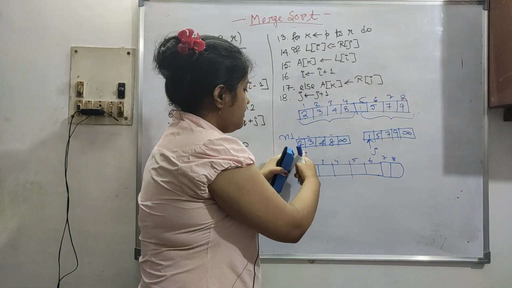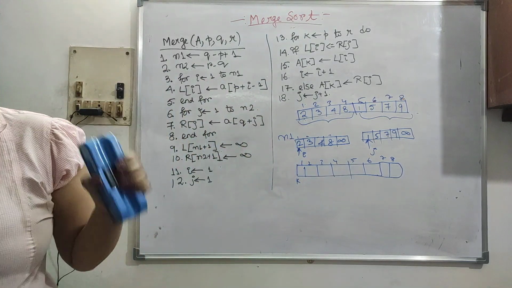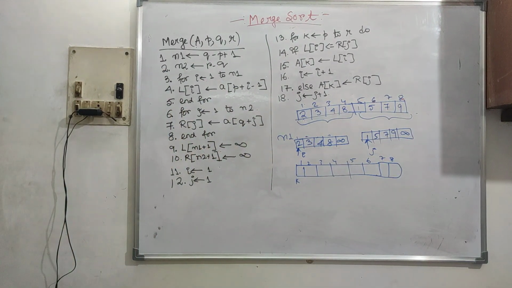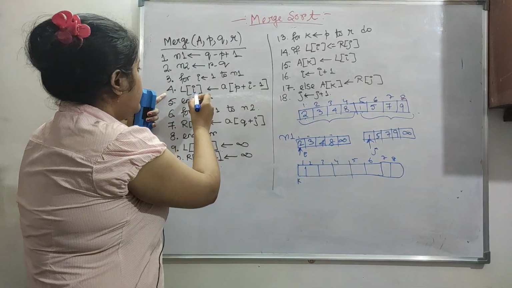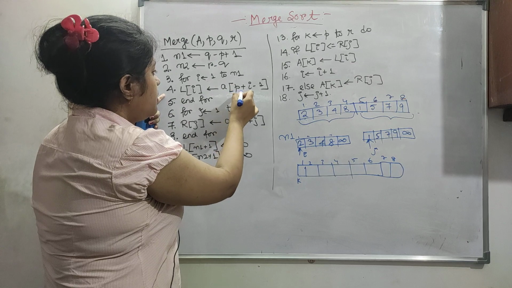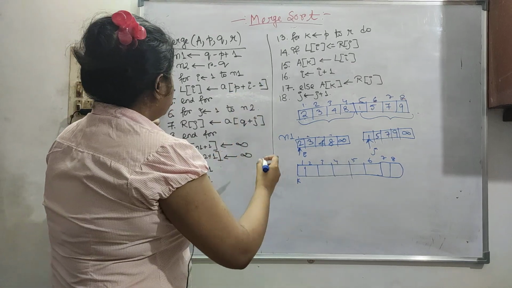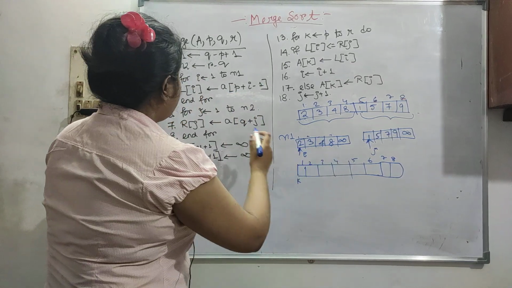The first list I will run from 1 to N1, and then Li is equal to A[P plus I minus 1]. This is the left list, and now end for.